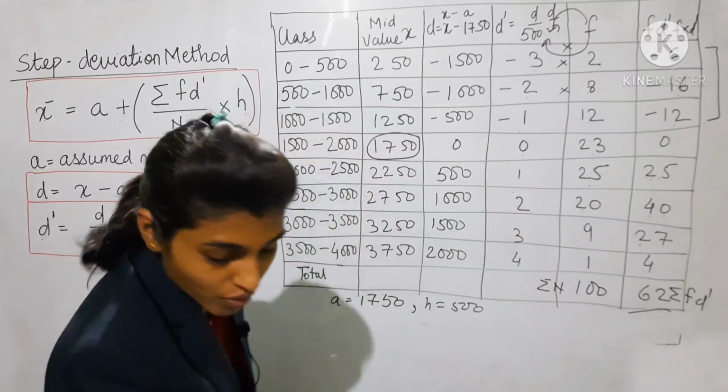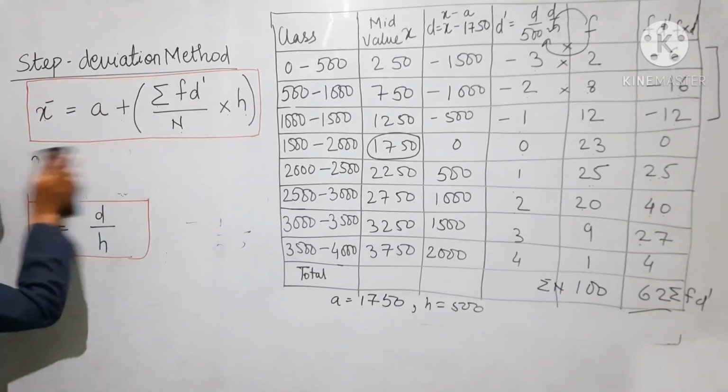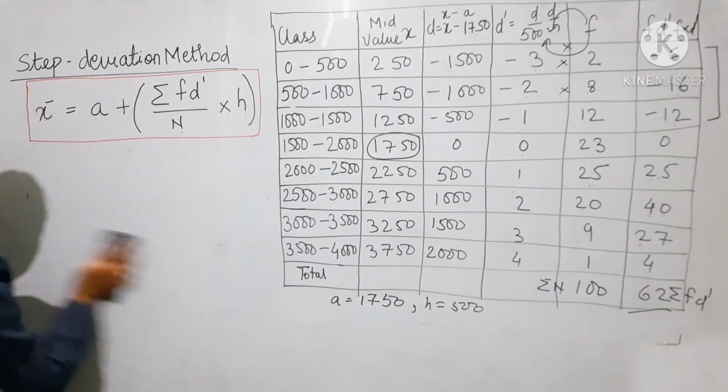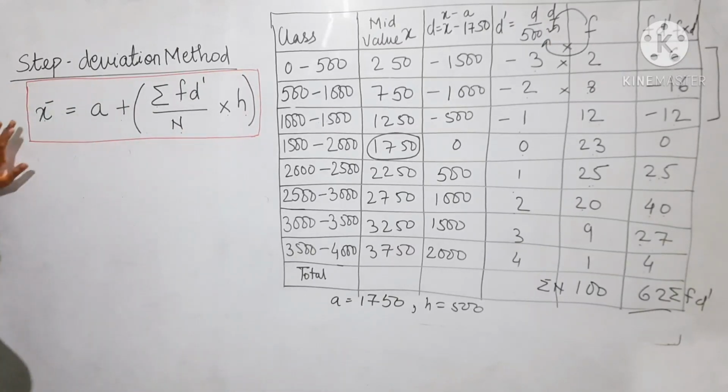Now put the values as per the formula. I will solve the remaining sum on my left hand side. Now this is the formula.